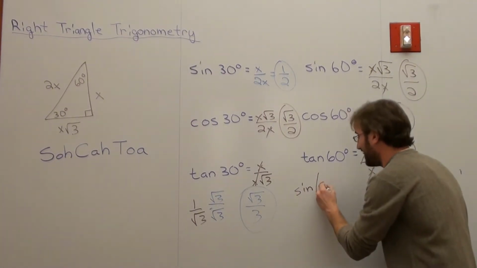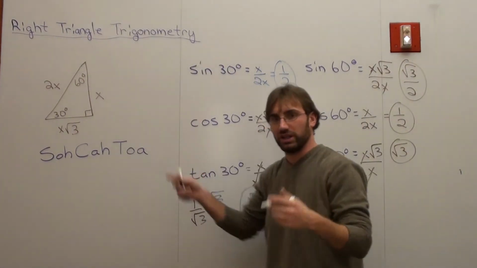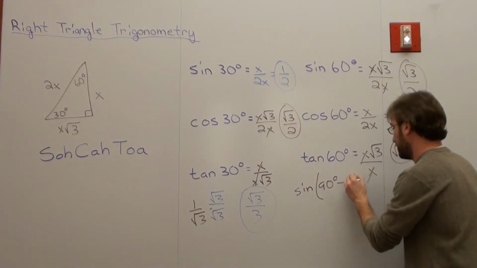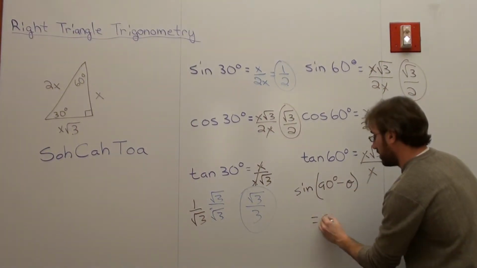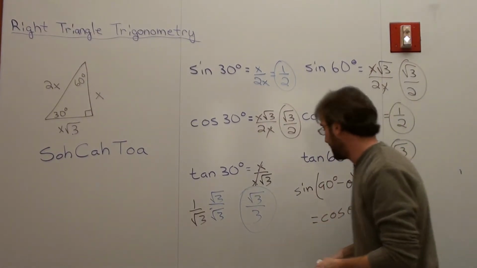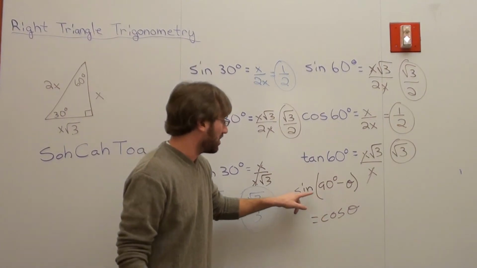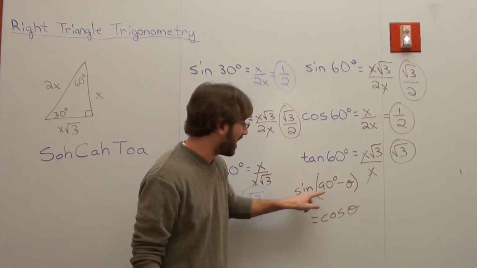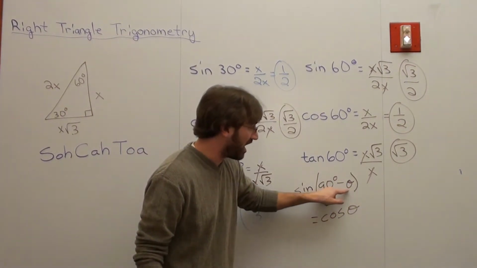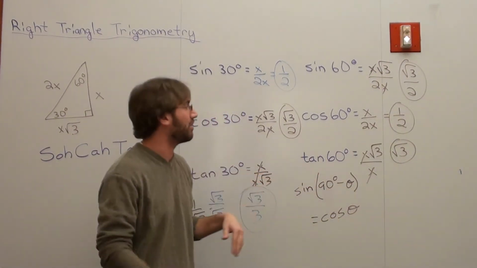The sine of 90 degrees minus theta equals the cosine of theta. Let's say theta is 30 degrees. So 90 minus 30 is 60. So the sine of 60 is going to be the cosine of this. That's how it works. And that's right triangle trigonometry.